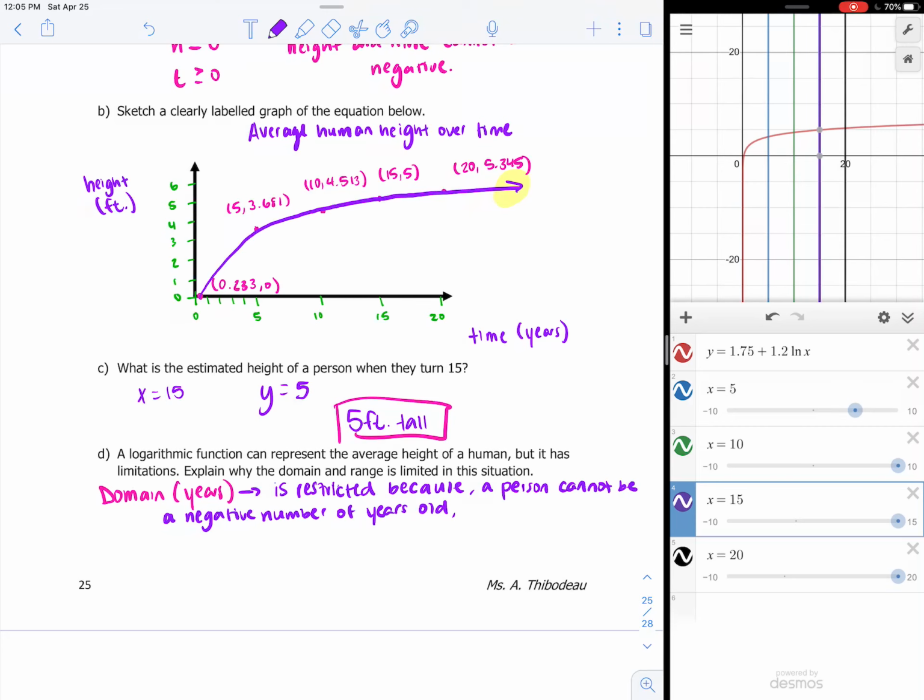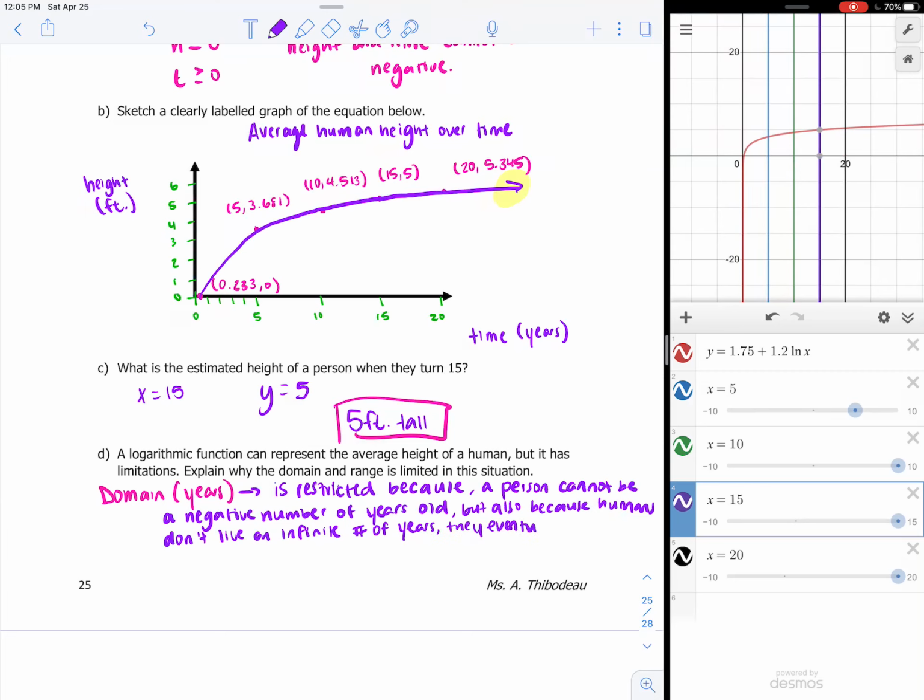So it's restricted because the person could not be a negative number of years old, but also because humans don't live an infinite number of years.